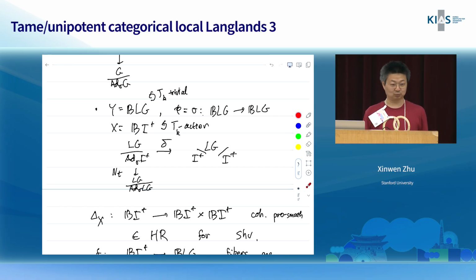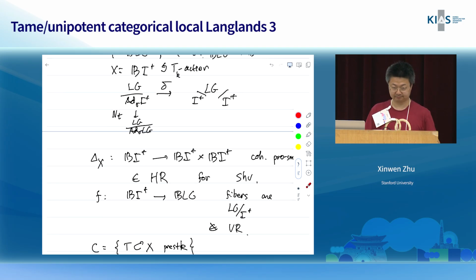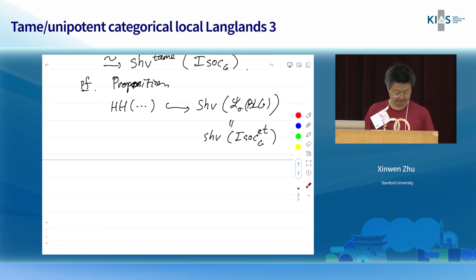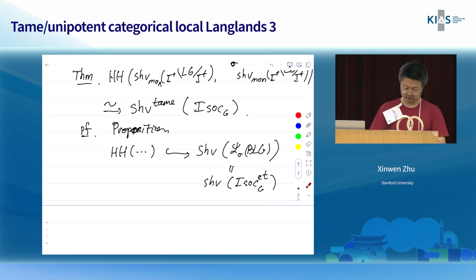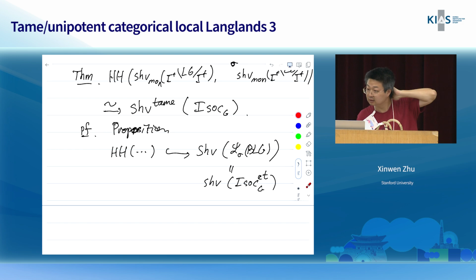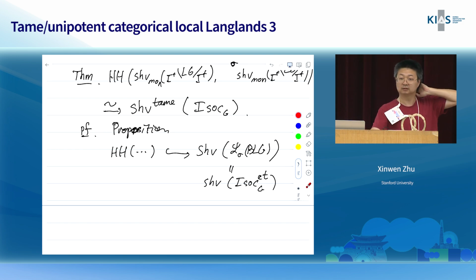That's exactly what we identified yesterday as sheaves and tame. Okay, so we get at least one side of the theorem. Any questions so far?